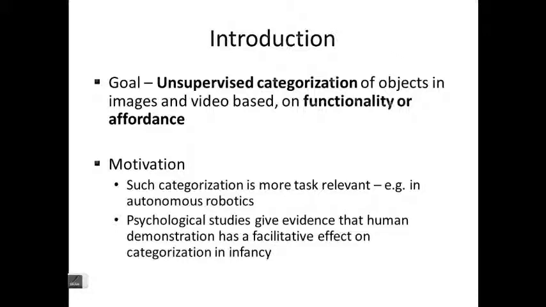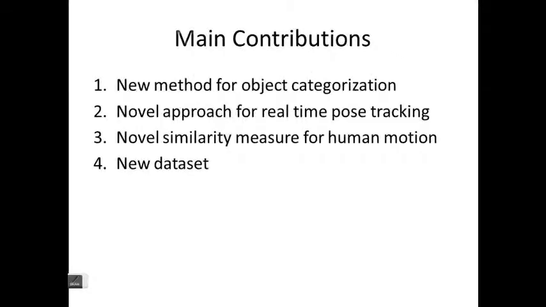One of the experiments the paper mentioned is that infants were able to differentiate between objects better based on human demonstration, and they weren't able to do so as well when there was no human demonstration involved with those objects.